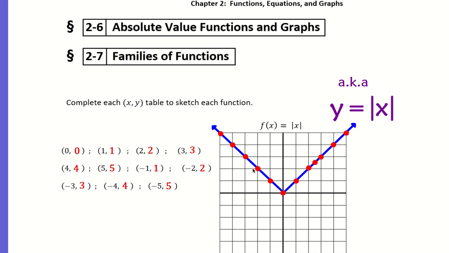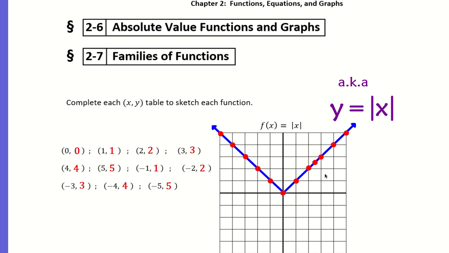And it made this V graph that had a vertex at 0, 0, and the slopes, for lack of a better word, of the V here are perfectly diagonal, up 1 over 1, up 1 over 1, and then in the other direction, up 1 over 1.